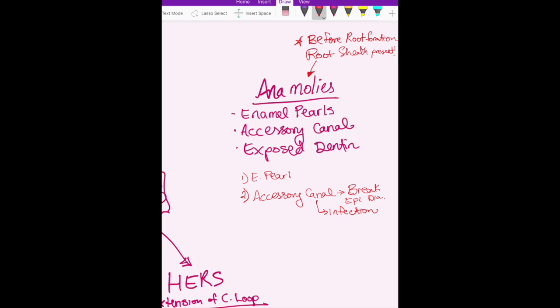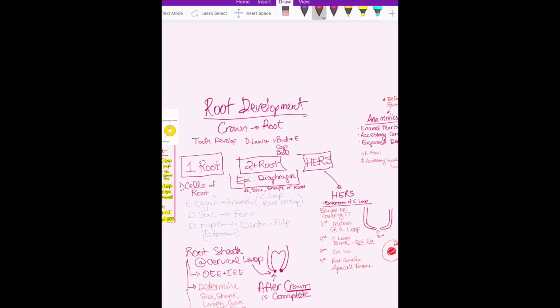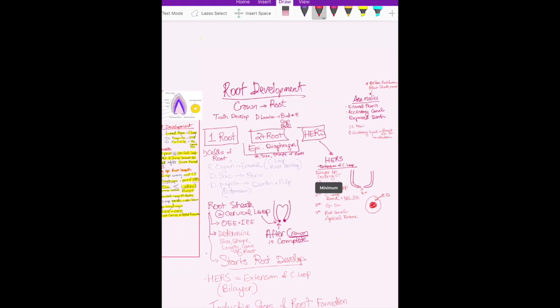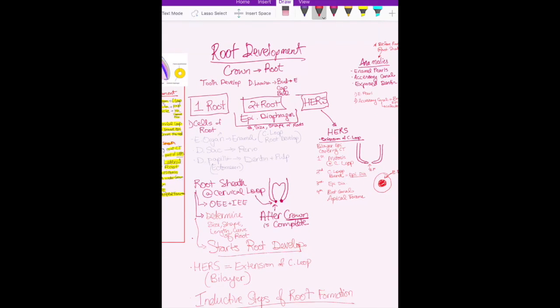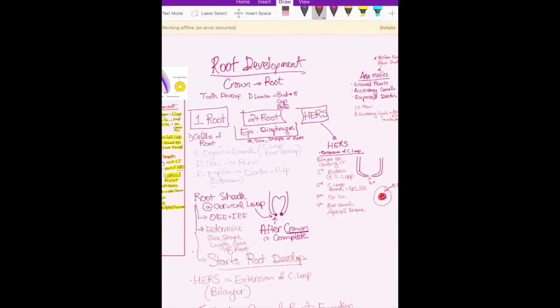We talked about single roots once again. In single roots, you have all the cells of the tooth: enamel organ, dental follicle, dental papilla. What's important in making the root is the root sheath, and as the root sheath grows, it bends and forms this epithelial diaphragm, as well as the future apical foramen.